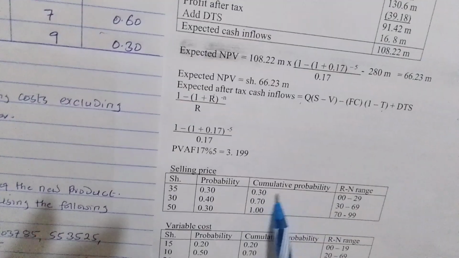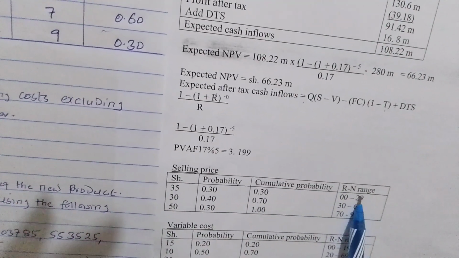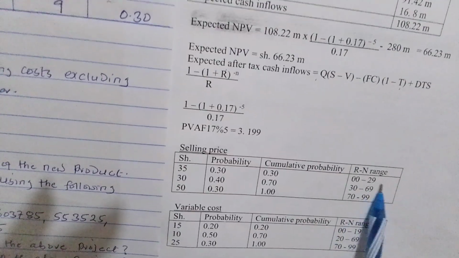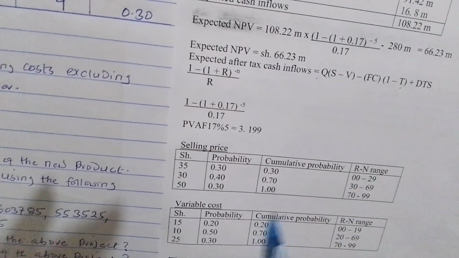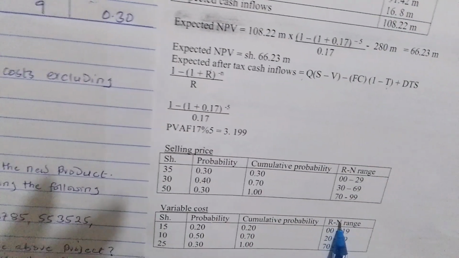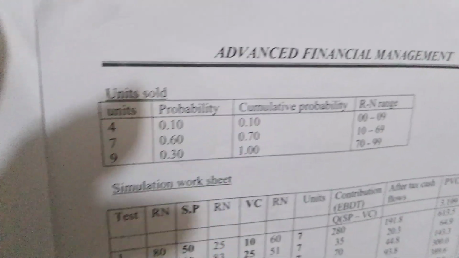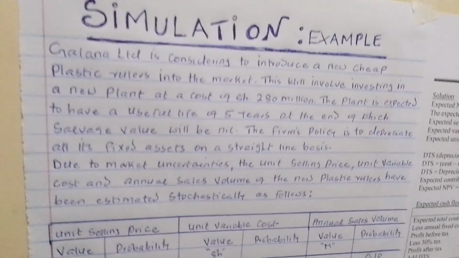We discussed how to establish these ranges. The same you do with the variable costs. Establish the cumulative probability and the ranges. The same with the other table there. So let's take the question from the start.